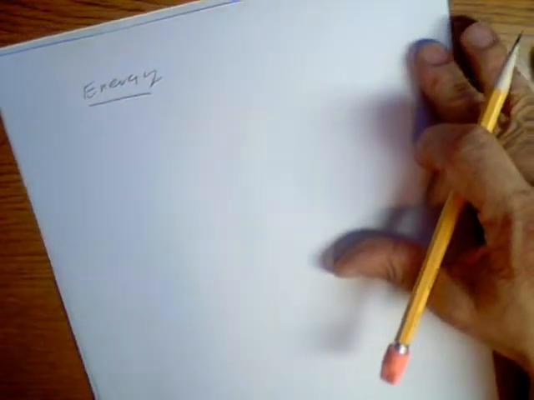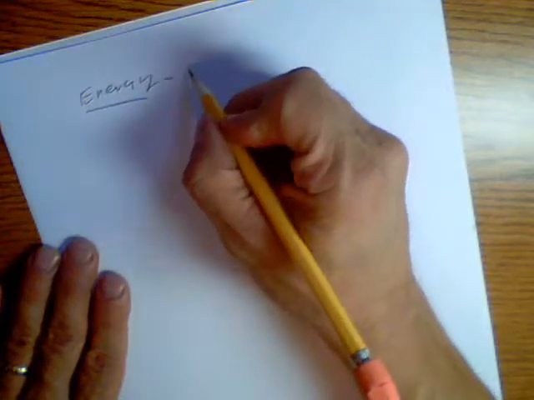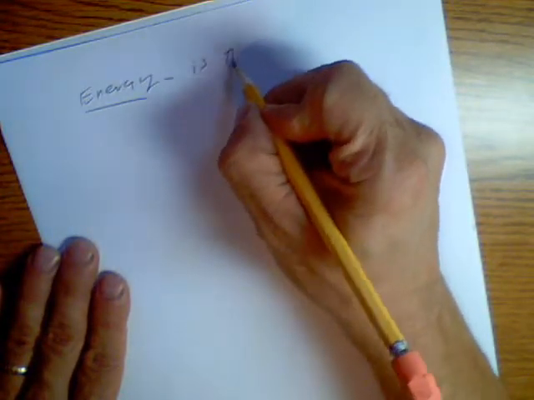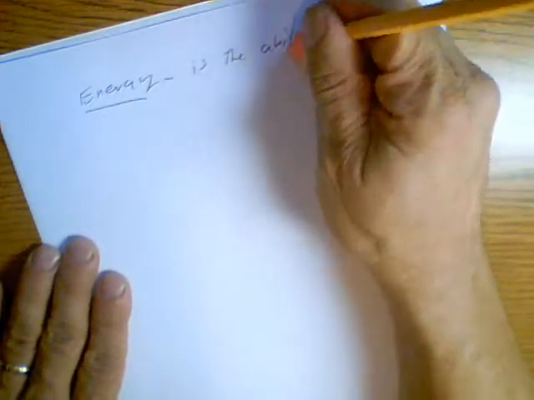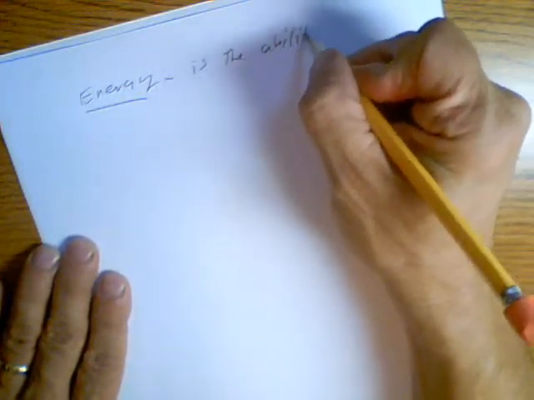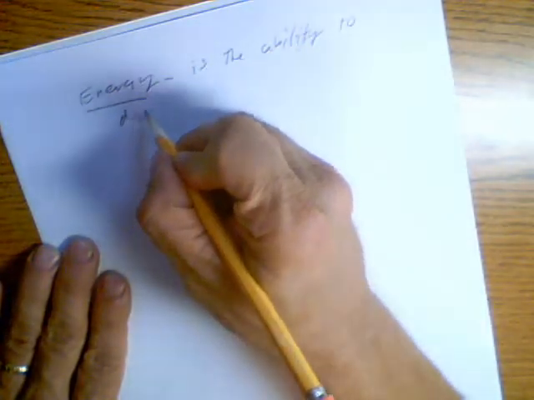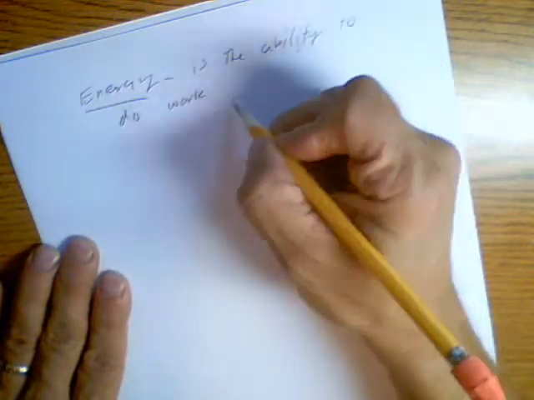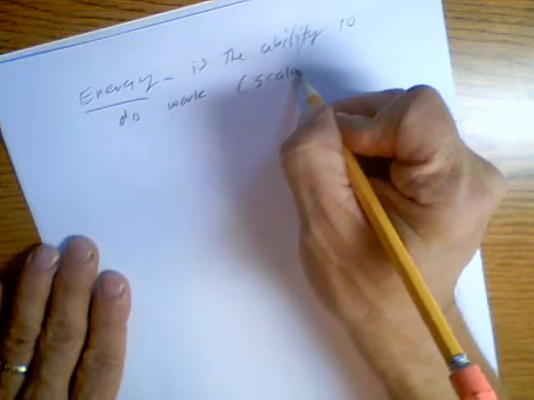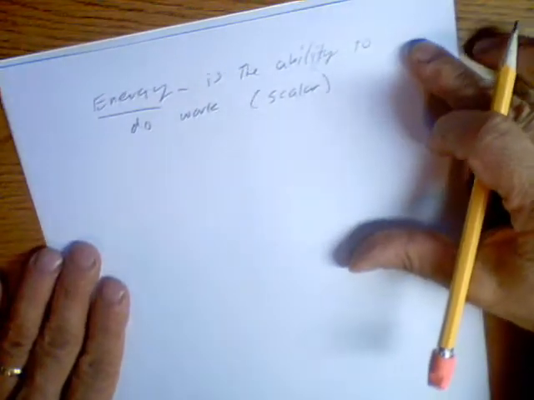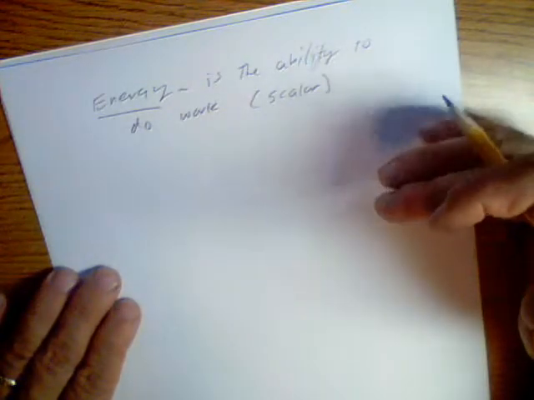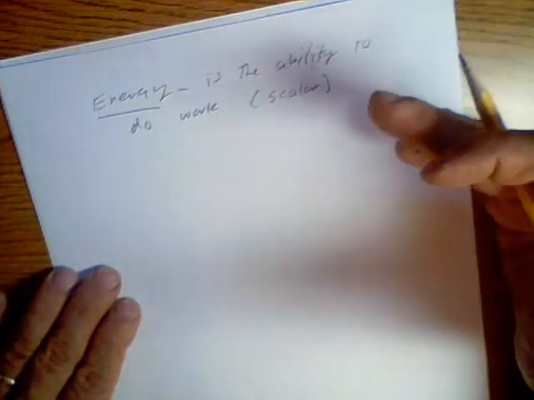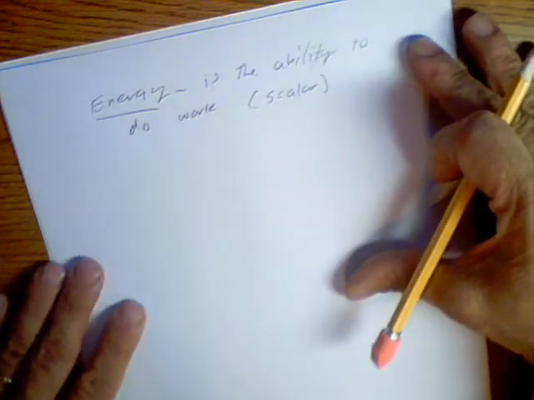And that's a difficult topic to define, because really the only thing you can say about it is the ability to do work. Well, you can also say it's a scalar. All right, so you wouldn't have energy as a vector, but you would multiply a work vector by the energy scalar.